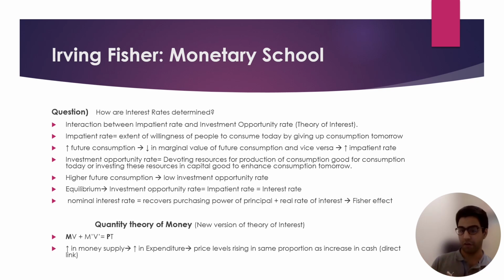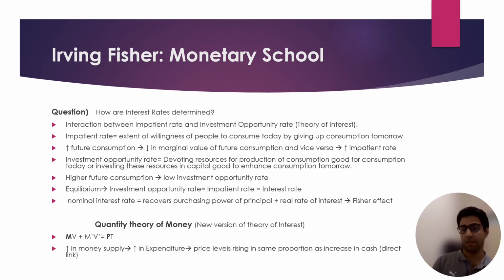So if you have, let's say, preference for future consumption, then your impatient rate is high because the marginal utility for present day consumption is high. And on the other hand, the investment opportunity rate is low because the rate of return on future consumption is low.